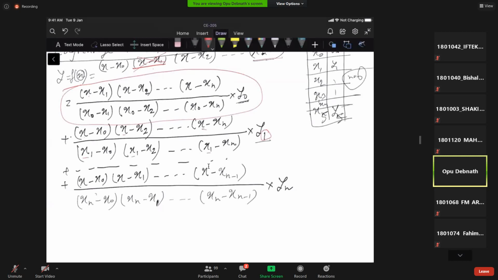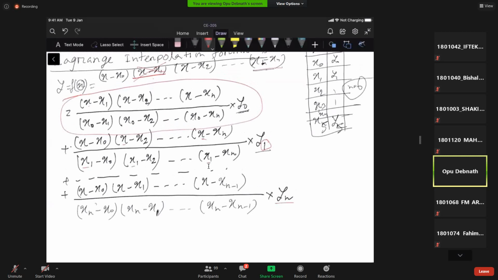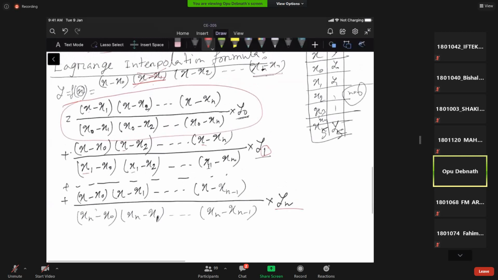Okay, clear. And for the yn, that means the nth term, for the last term, we are writing the term for the yn, so these will disappear. So the term before x minus xn is x minus x n minus 1, the previous one, so you will write right up to n minus 1.